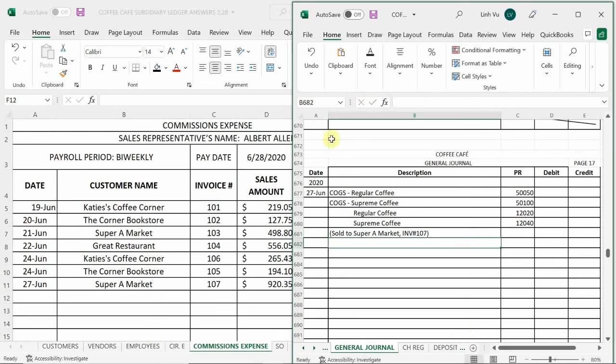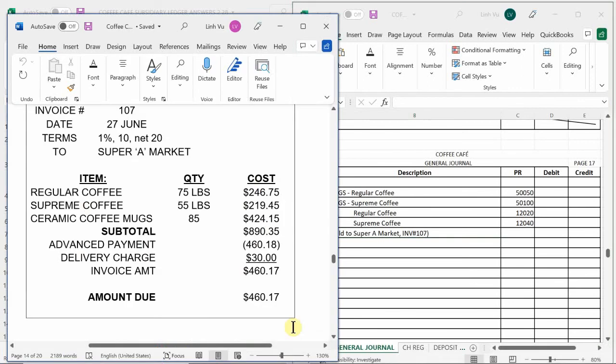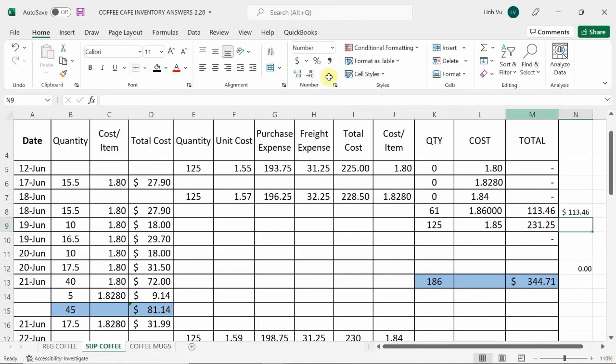Let's see. We sold 75 pounds of regular coffee and 55 pounds of the Supreme coffee. So I got to go into my inventory worksheet and solve for that.